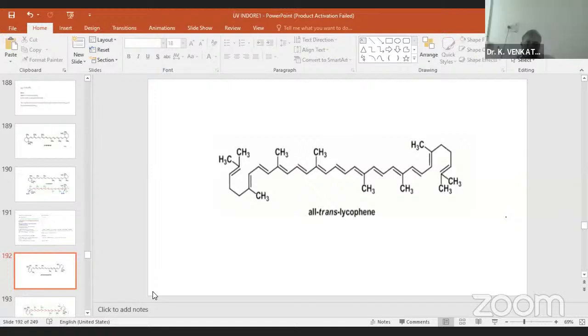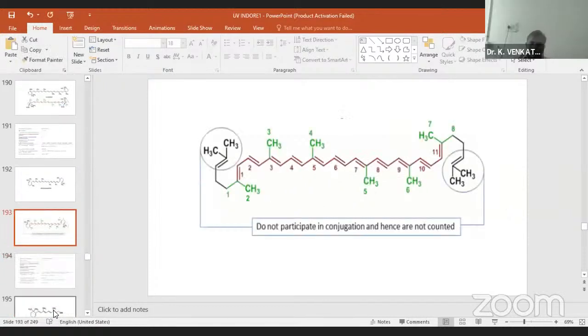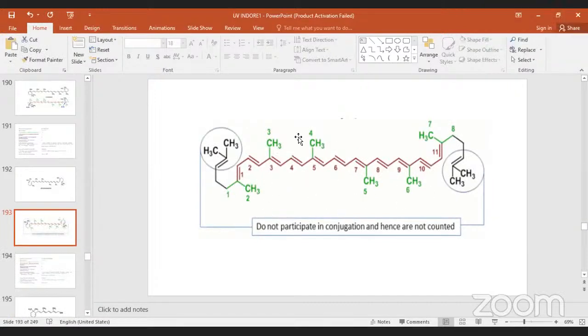Yes, sir. Number of alkyl substituents: 1, 2, 3, 4, 5, 6. Is it okay? Yes, you can check. Madam, the green dots are for the substituents. Yes, 1, 2, 3, 4, 5, 6. Yes, 6.